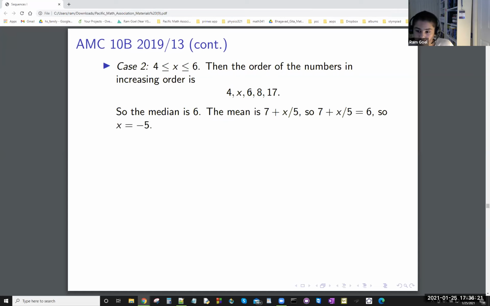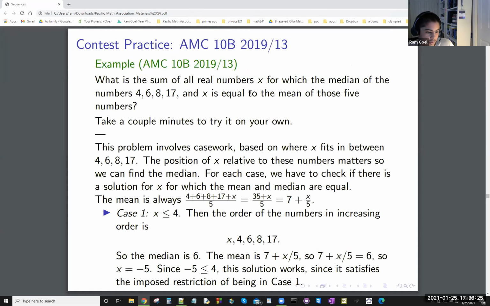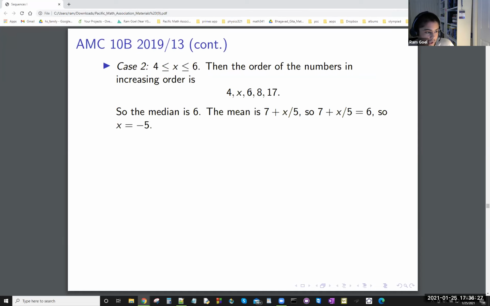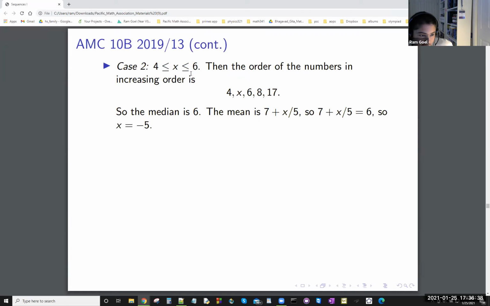Now this is the same analysis, because in the previous case, remember, we also had the median was 6. So we're going to get x equals -5. But now x equals -5 does not lie in this range. There we had a restriction that x is between 4 and 6, and that gave us this order, which gave us that if the mean is equal to the median, then x is -5.